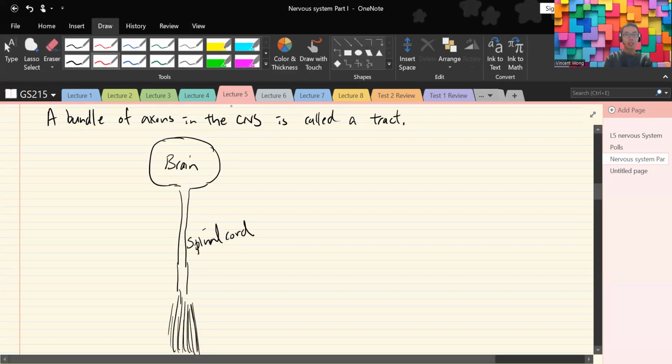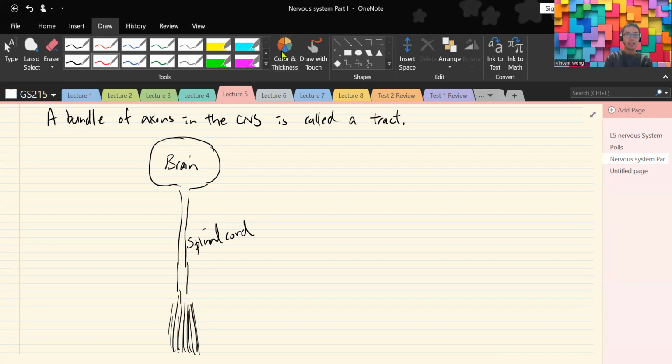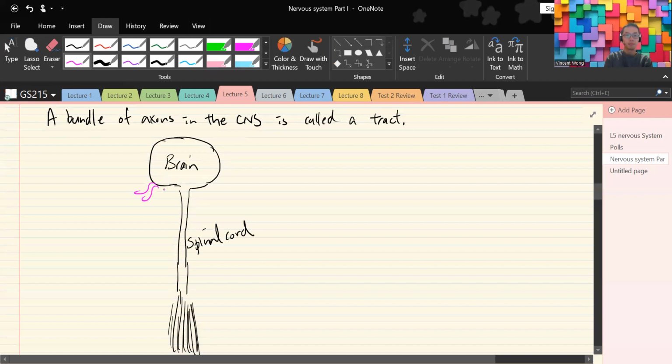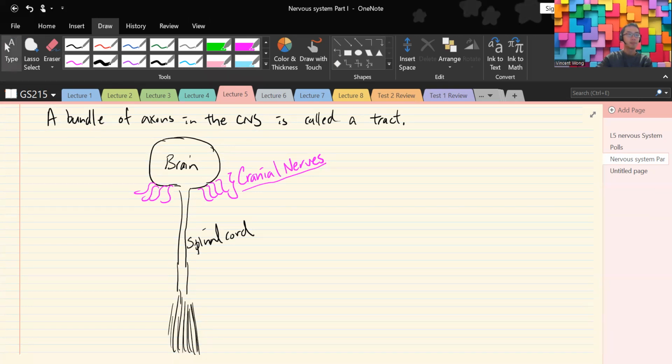So coming out directly from your brain, you would have a bunch of nerves. These ones are called cranial nerves. How many pairs of cranial nerves do we have? 12.